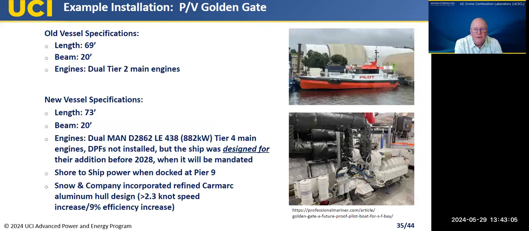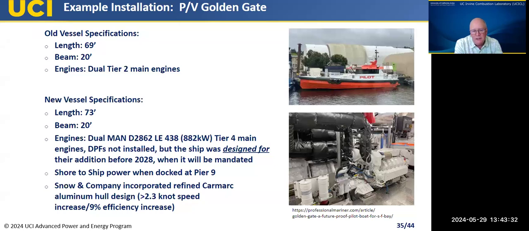So this shows a comparison of the original vessel. So we increased the length a little bit, right? But the key thing was exchanging the tier 2 main engines for a set of tier 4 engines. So in this case, they're using the MAN 2862 low emission 438 engine.